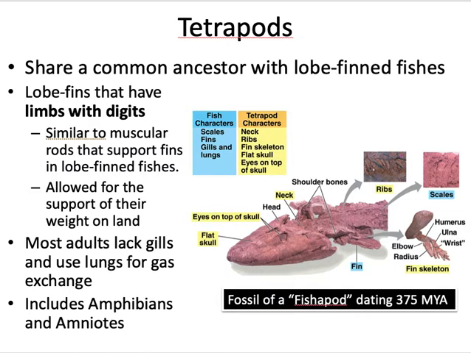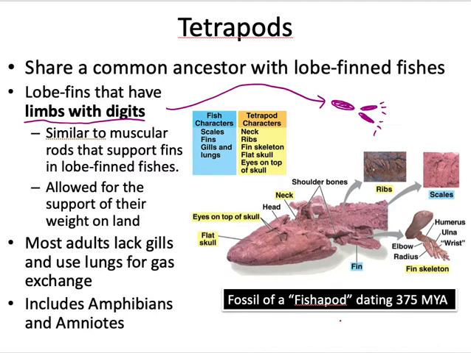Lobe fins, just to remind you, have a similar structure to the limbs of tetrapods, that being limbs with digits, and those limbs with digits have one bone attached to the shoulder joint or hip joint. Then we've got two bones, and then many bones. So this is what the limbs of all tetrapods look like. One bone, two bones, many bones. And these limbs are similar to what we see in the lobed fin fishes.